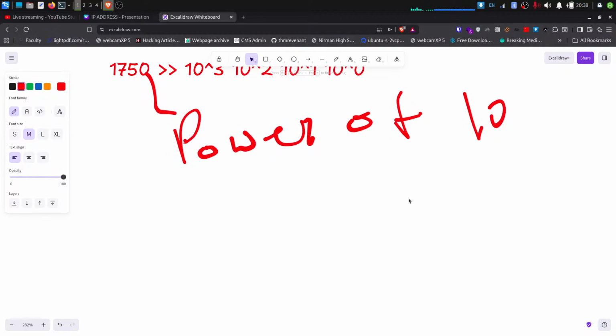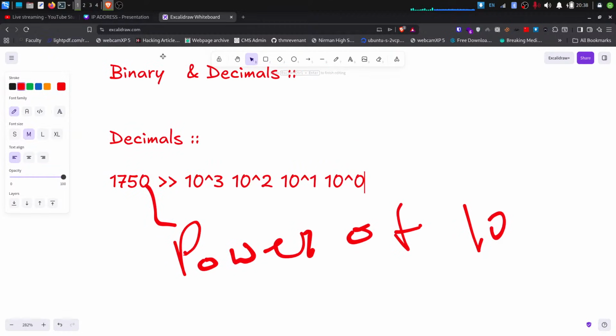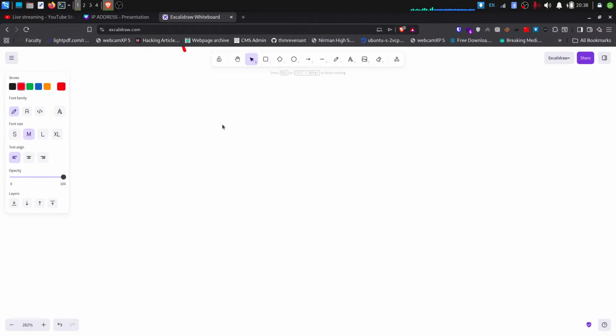Next we have binary, which is what computers understand. An example is zeros and ones, like 1 1 1 1 1 1 1, or 0 1 1 0 0 1 1 0.